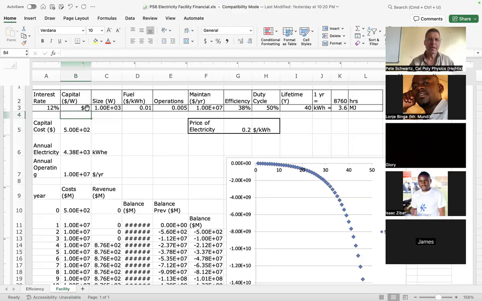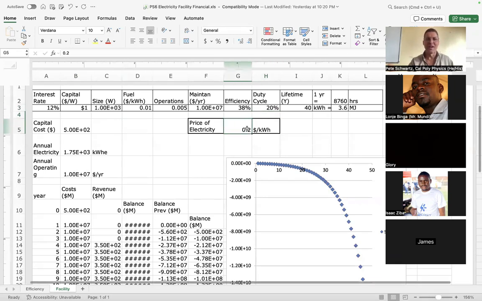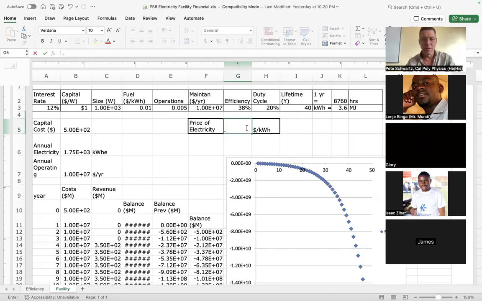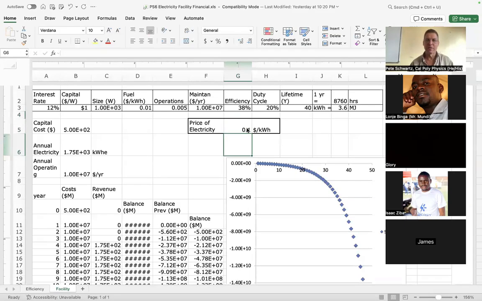And the duty cycle. Oh, right, the duty cycle for solar. Yeah, you're going to lose there. Maybe it's only 1/5 of the time, right? And now you can say, I didn't fill in all the ones. You'd have to go through there and look at them. But now we can lower this to 10 cents a kilowatt hour.